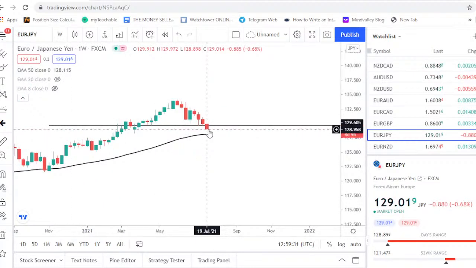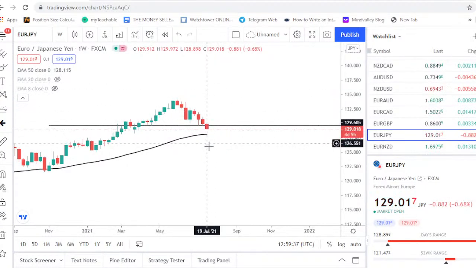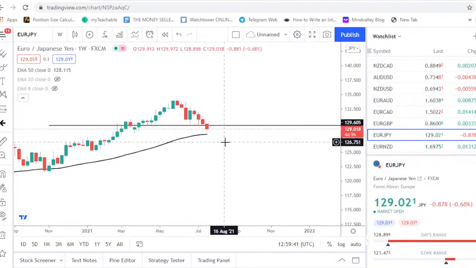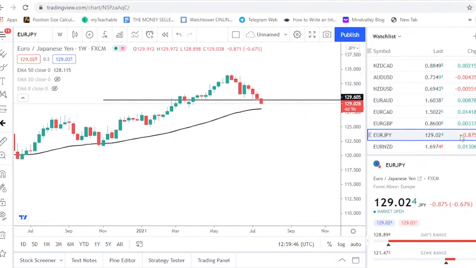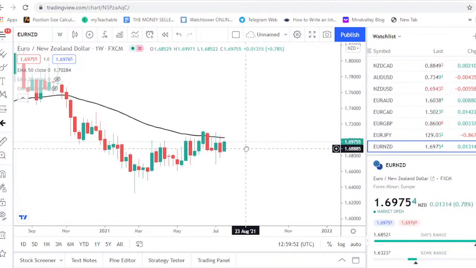And I'm thinking it may get to around the 50 moving average before pushing back up. But if I have it below there, then I would expect perhaps a change of direction in that trend.